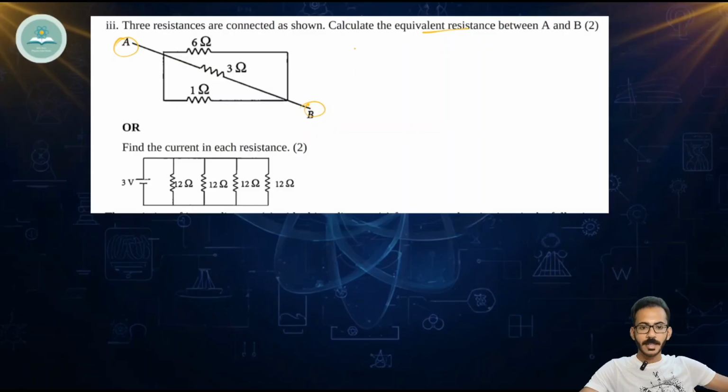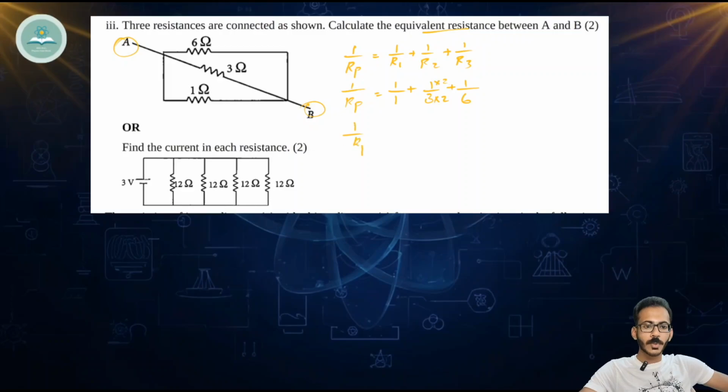Since they are connected in parallel, 1/Rp is equal to 1/R1 plus 1/R2 plus 1/R3. So 1/Rp is equal to 1/1 plus 1/3 plus 1/6. 3 and 6, we can make it common: 3 into 2, 1 into 2. I'll keep that 1 as it is.